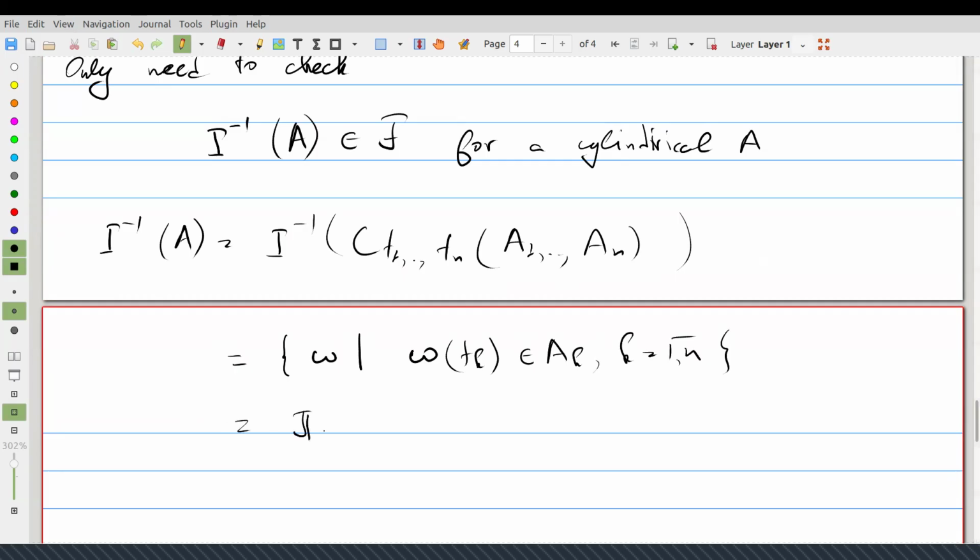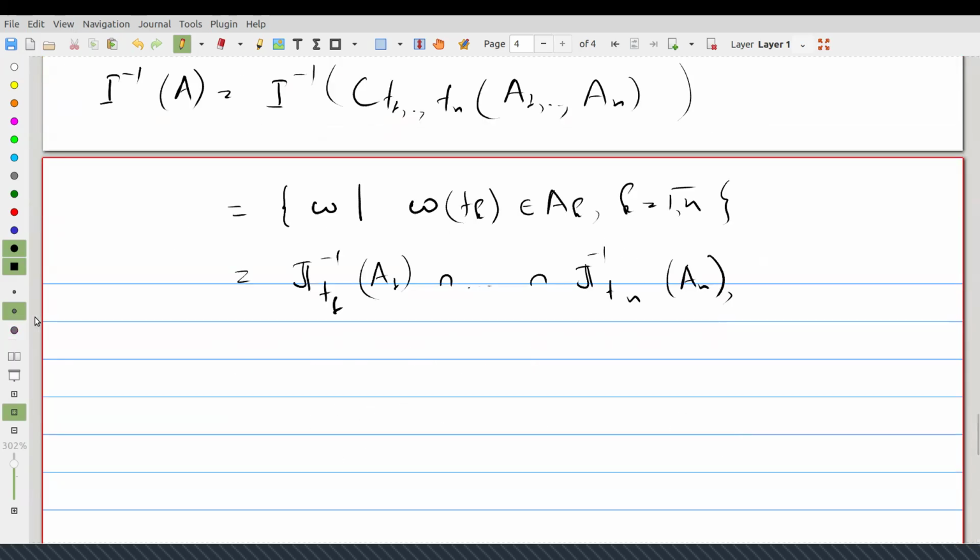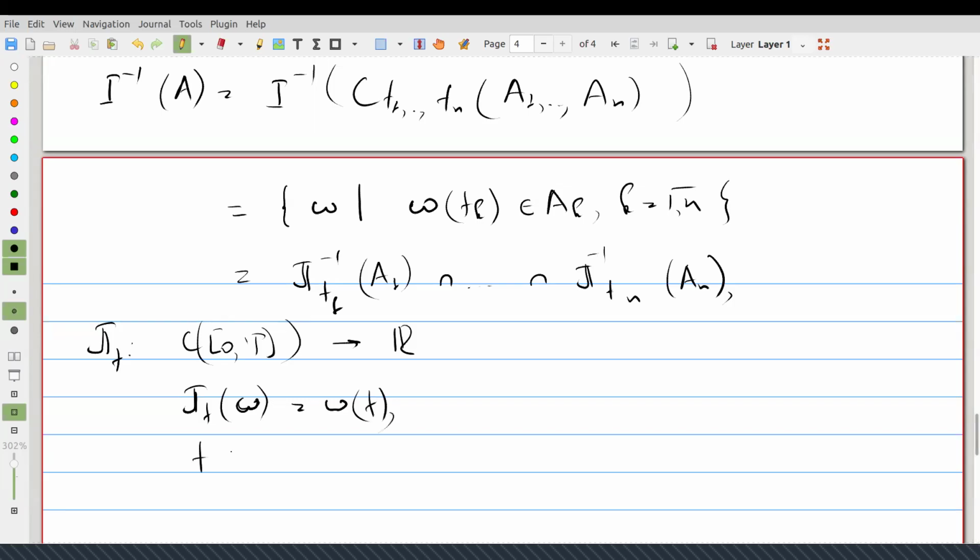So I will write it as pt1 inverse of A1 intersected through pt n inverse of An, where pt is a projection acting on C0t and ending in R, and pt of omega is just omega at t. This can be defined for all t in 0 to T capital.